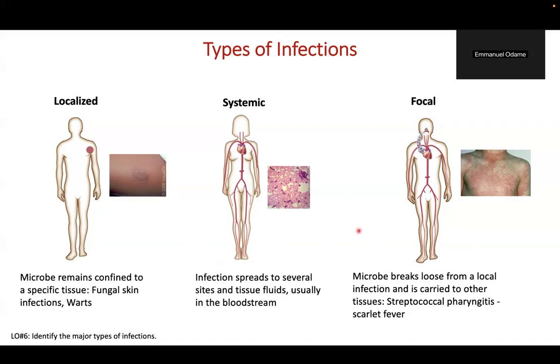And then we have focal. Focal basically means the microbe will break loose from a local infection and then is carried to other tissue. One example is streptococcal pharyngitis, where it starts from there and then turns into scarlet fever.